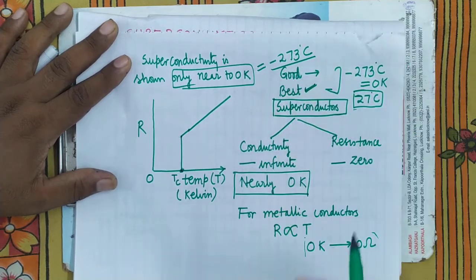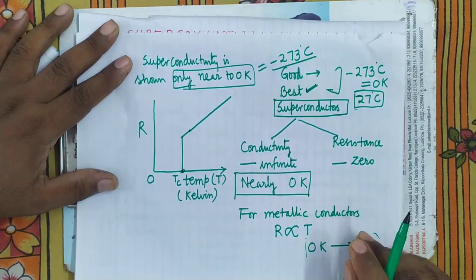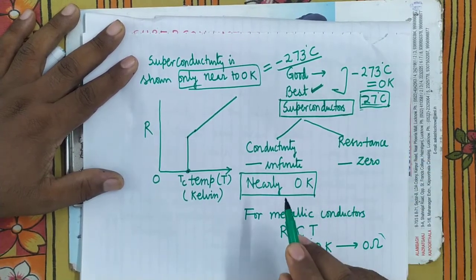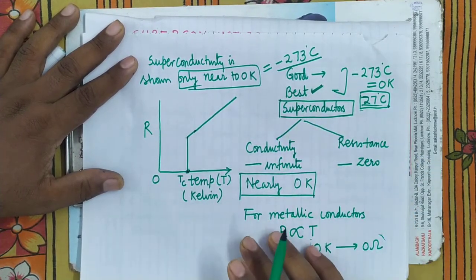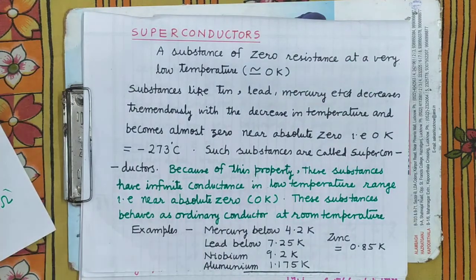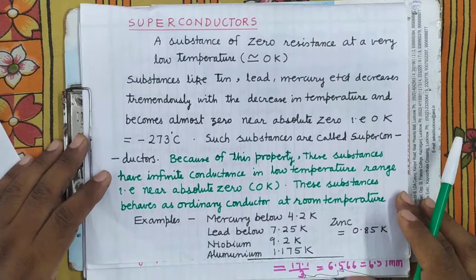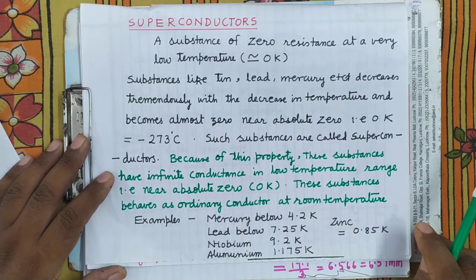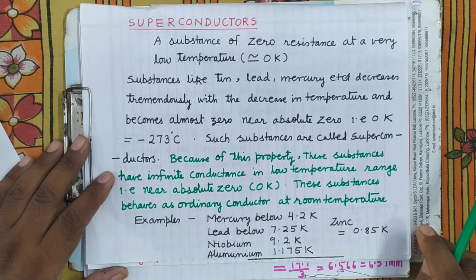You can think about this temperature. At the room temperature 27 degrees Celsius, they will be just like the good conductors. So a substance of 0 resistance at a very low temperature, that is 0 Kelvin, are called the superconductors.